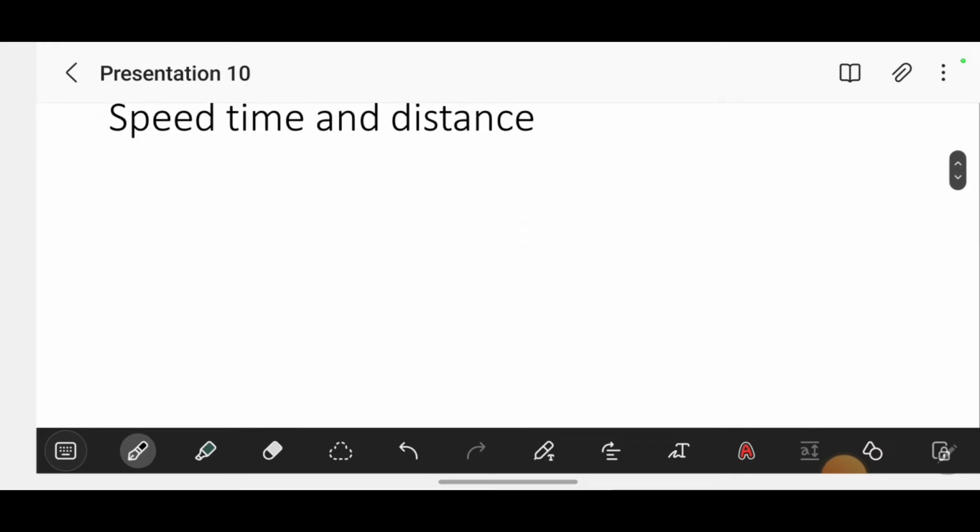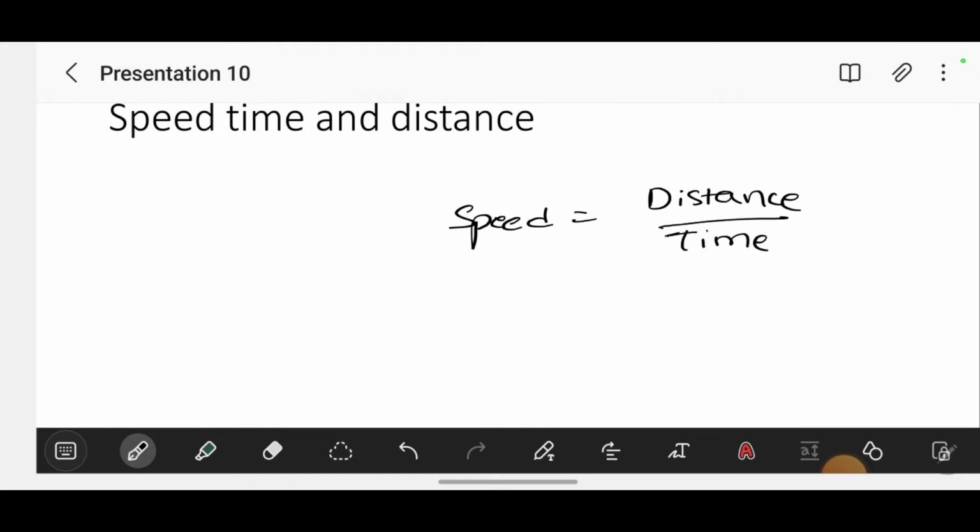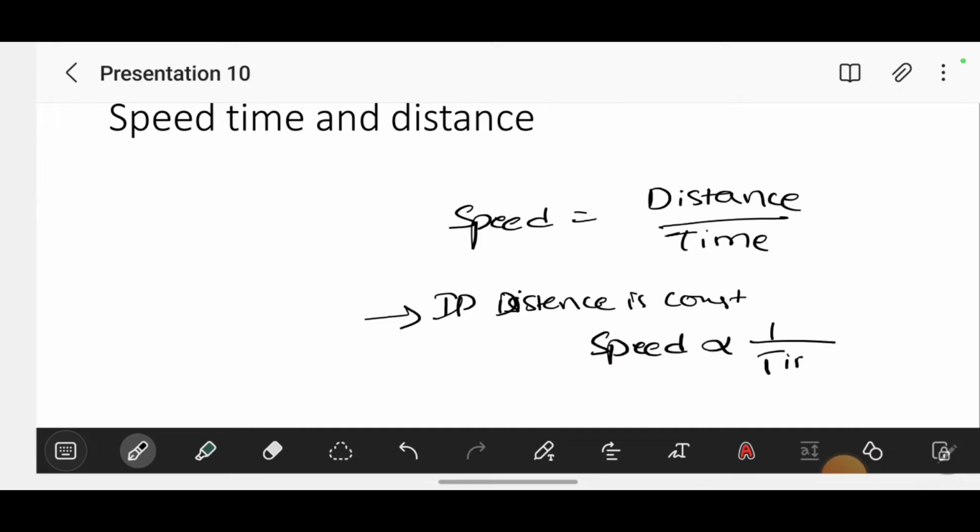Do you know speed is equal to distance by time? Speed is equal to distance by time. So what can we say with this? If distance is constant, then speed is inversely proportional to time.